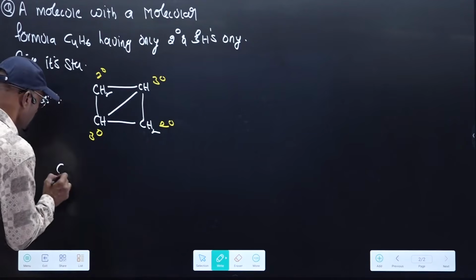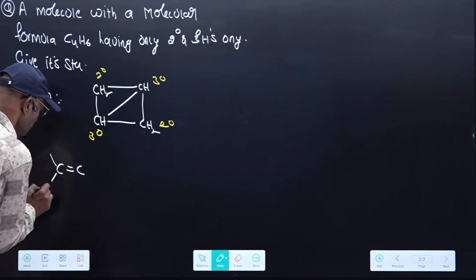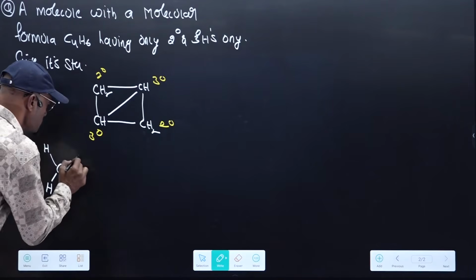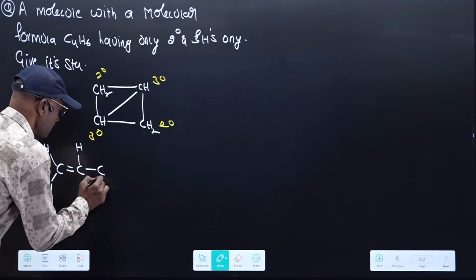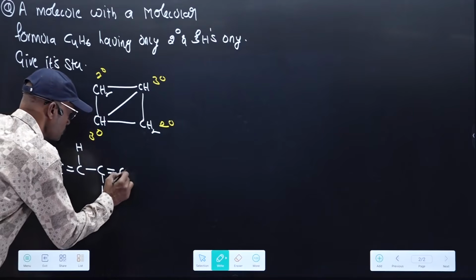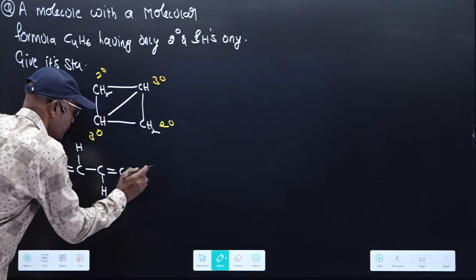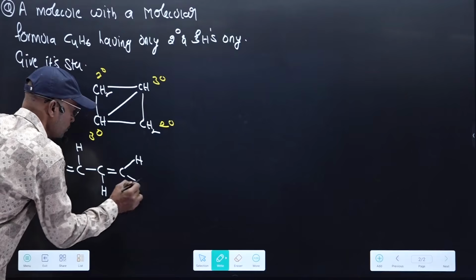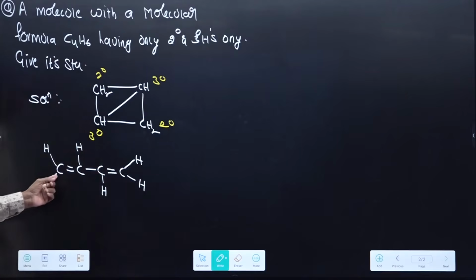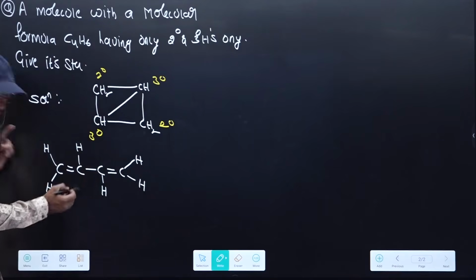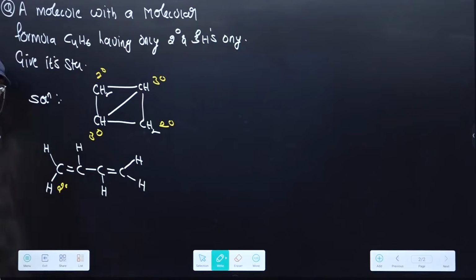And see, if I take a carbon-carbon double bond, remember, even when a double bond is present, we can also apply primary, secondary, etc. Suppose this molecule is 1,3-butadiene. Now, what type of carbon is it? This carbon attaches 2 times to this one, so now it is secondary.